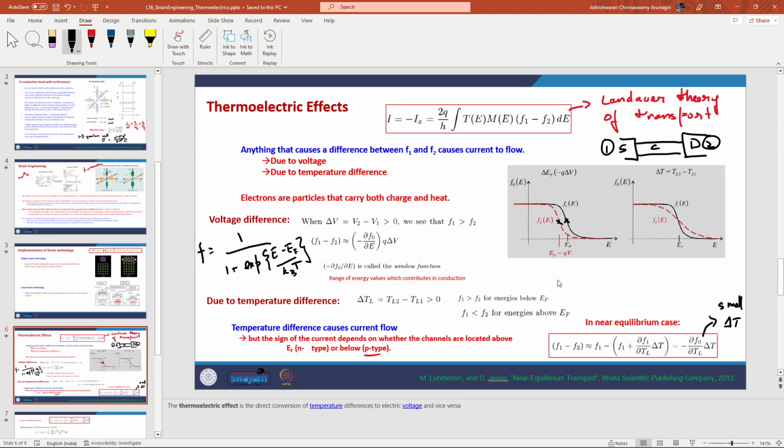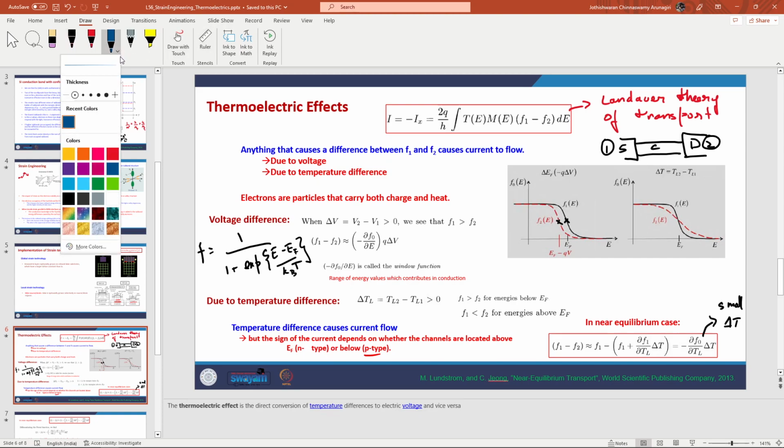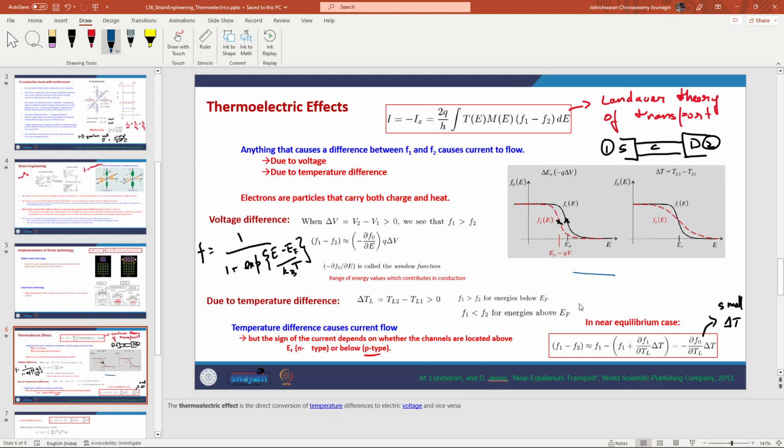Rather than looking at the Fermi levels, let us for a second consider the band diagram that we draw. This is the band diagram for an n-doped material.